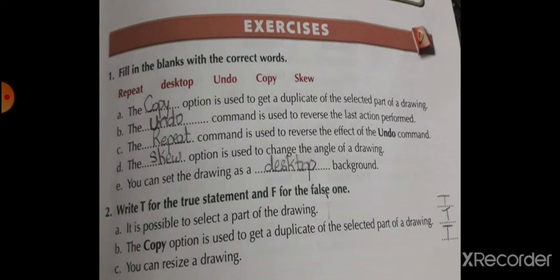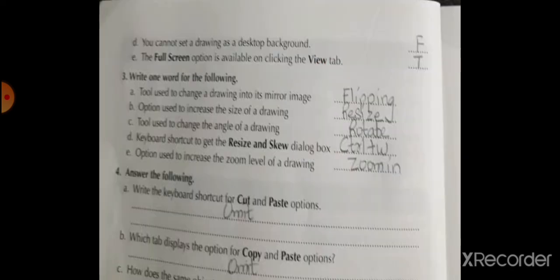True. Yes, we can resize a drawing. D. You cannot set a drawing as a desktop background. It is false. We can set a drawing as a desktop background. E. The full screen option is available on clicking the View tab. Yes, true. The full screen option is available on clicking the View tab.